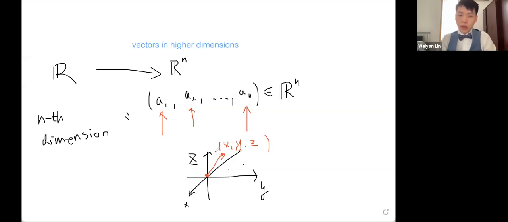All right, and this pointed arrow has two pieces of information stored, right? It tells you the direction and also tells you the length.